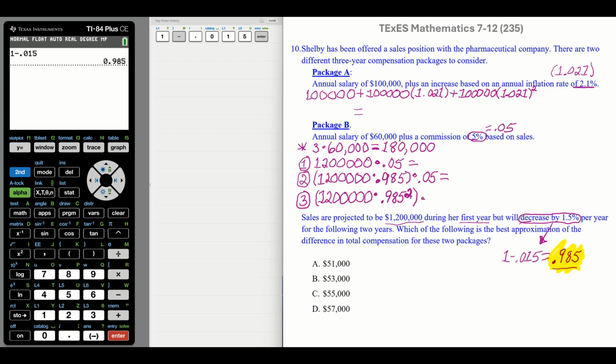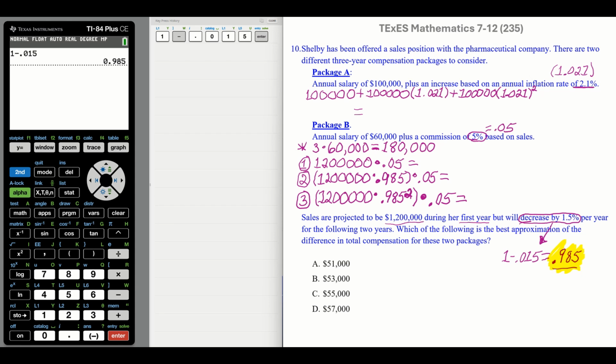Okay? Then we can take our 5%. Okay? So see what's happening. Year 1, as is. That's like saying to the 0 power. And then year 2, that's like saying to the first power. Year 3 to the second power. It has the same pattern as above.